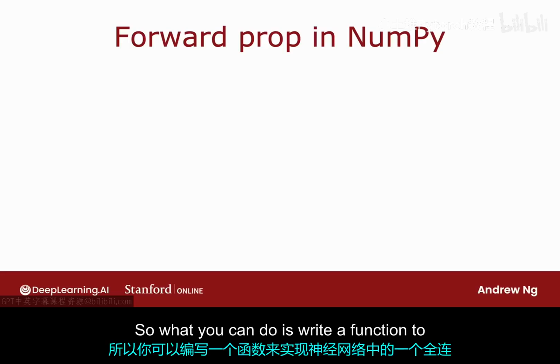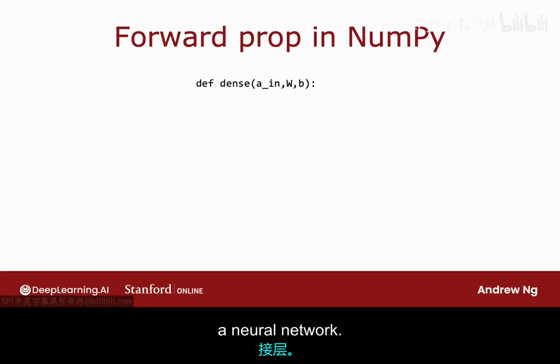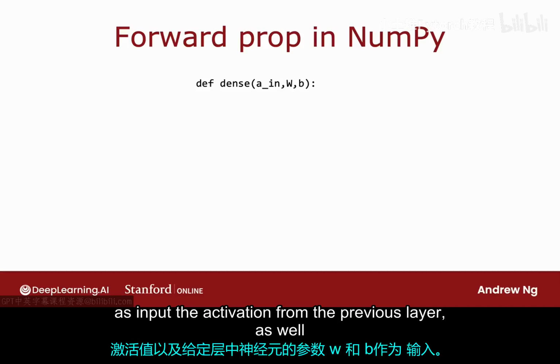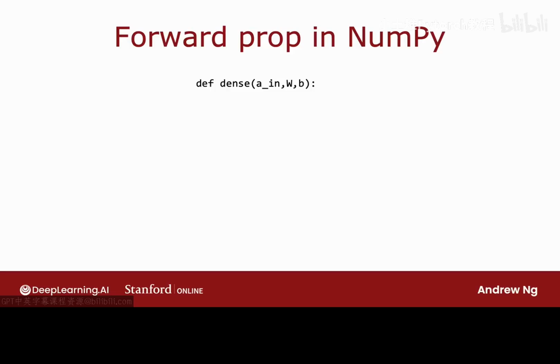So what you can do is write a function to implement a dense layer, that is a single layer of a neural network. So I'm going to define the dense function, which takes as input the activation from the previous layer, as well as the parameters W and B for the neurons in a given layer.